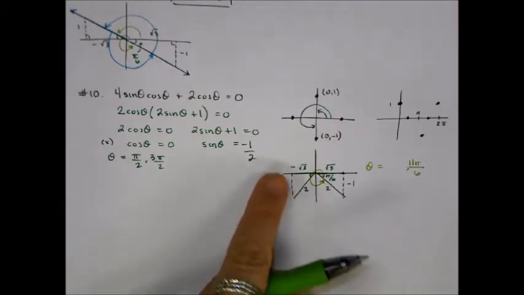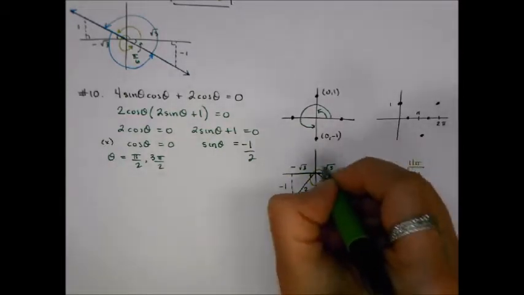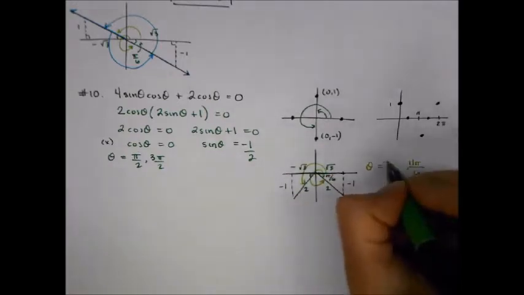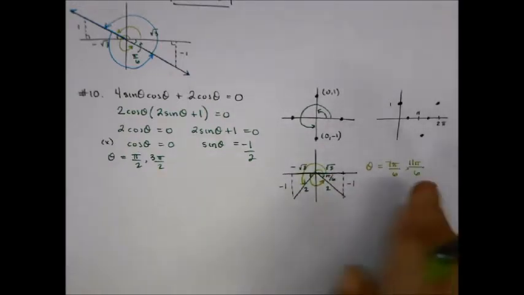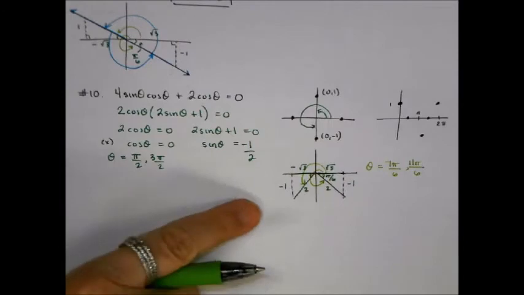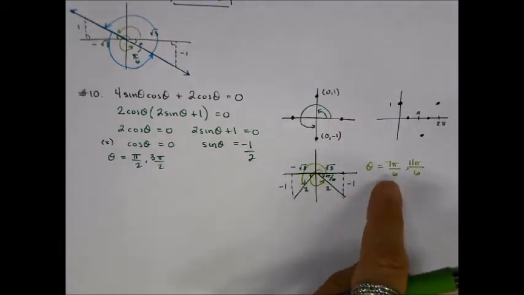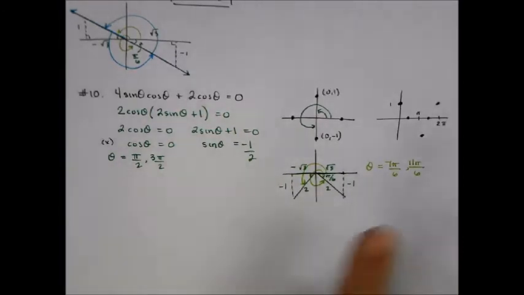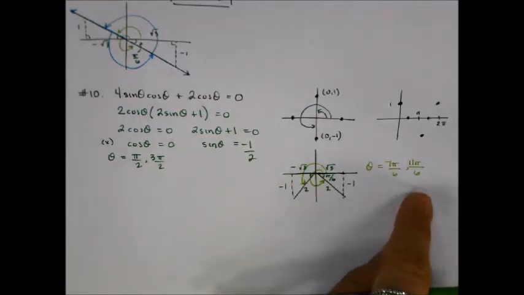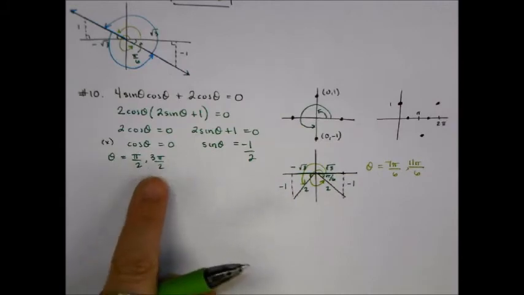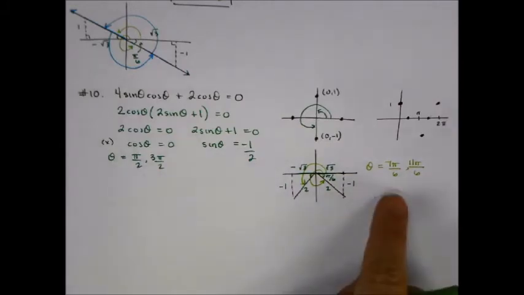So that's going to be 7 pi over 6. So your 30-degree angle in quadrant 3, 210 or 7 pi over 6. So these are the 4 answers that we end up with. Pi over 2, 3 pi over 2, 7 pi over 6, and 11 pi over 6. So those are our answers for part A.